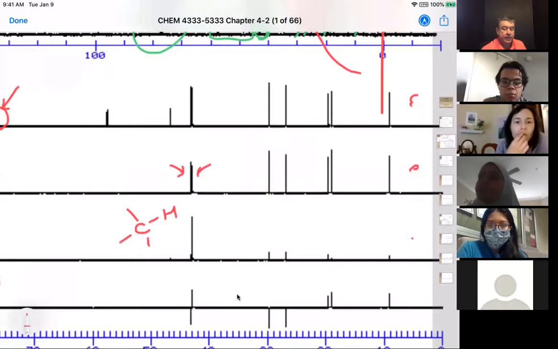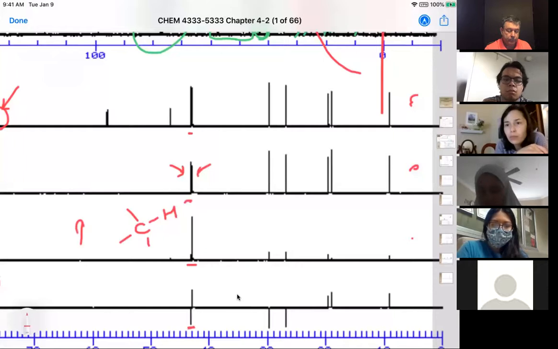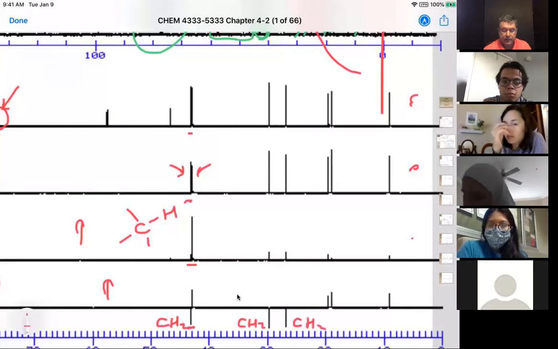Just because this looked double thick, and then it looks single thick here. And look, when we go to our 135, it actually shows up below. Which means if our odds are up in this, that means this is a CH2. This is a CH2, CH2, CH3, CH3.